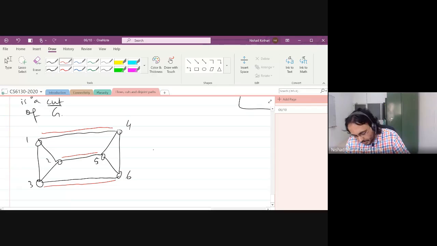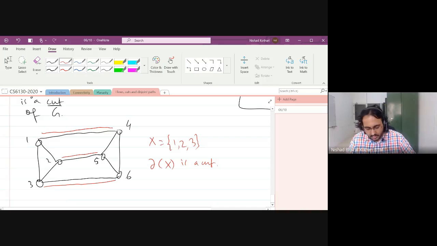So you can choose X to be 1, 2, 3. And now the set of edges I have shown you is partial X. And so that is a cut. Okay, another question on the same graph. What about this green set of edges? Is the green colored set of edges a cut of the graph?